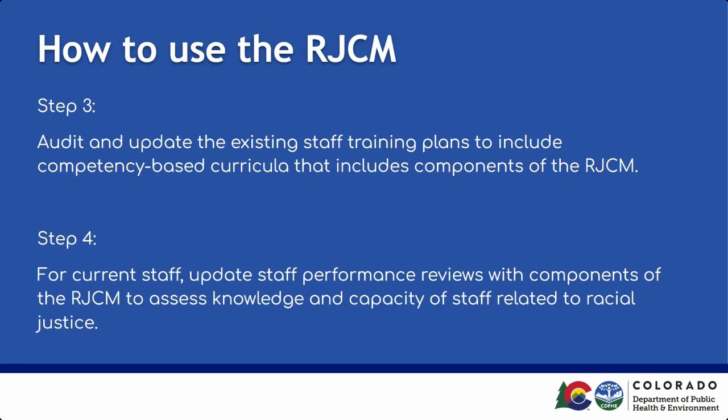Step 3, audit and update the existing staff training plans to include competency-based curricula that include components of the RJCM. Step 4, for current staff, update staff performance reviews with components of the RJCM to assess knowledge and capacity of staff related to racial justice.